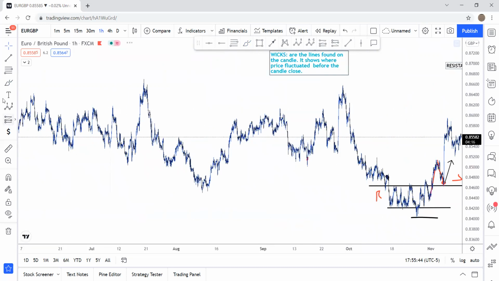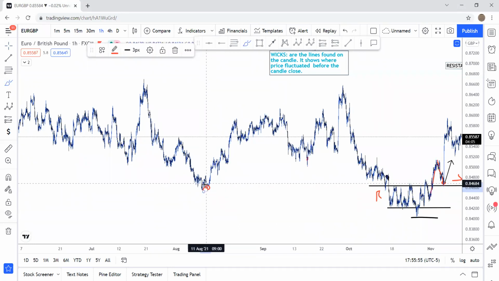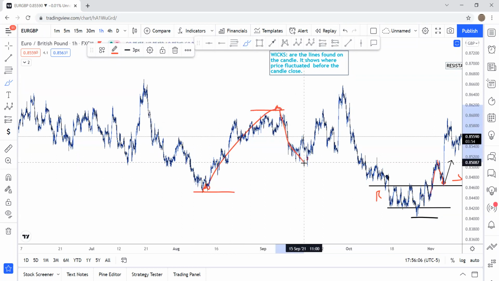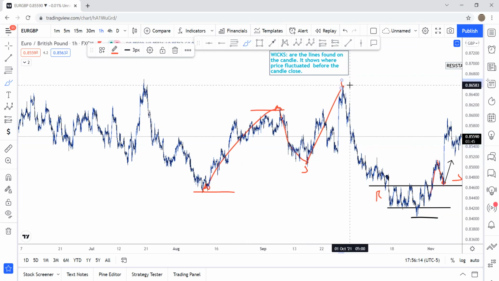So for example, right, this overall swing low, this overall swing high, this would be a supply and demand. This overall swing high to this overall swing low, that would be a supply and demand. This overall swing low to this overall swing high, that will be a supply and demand, right?